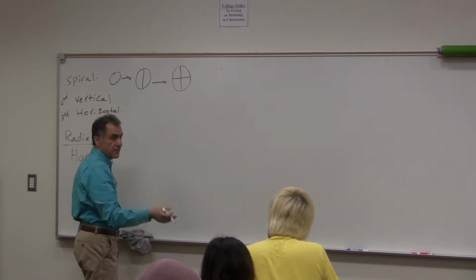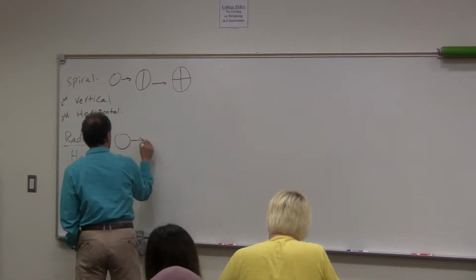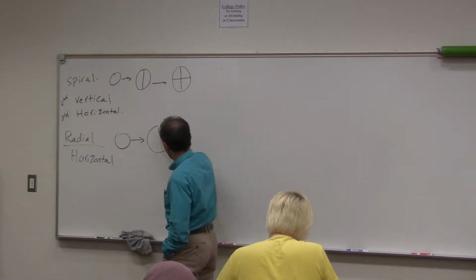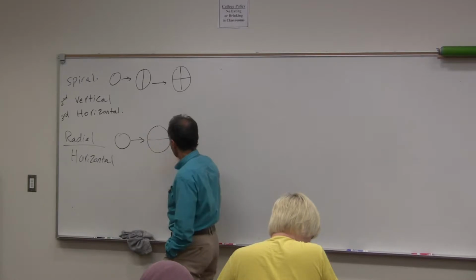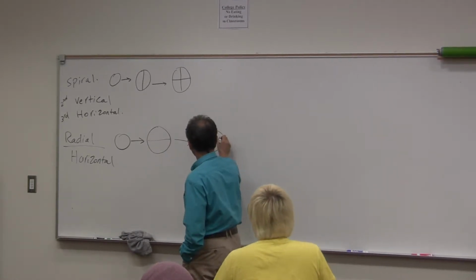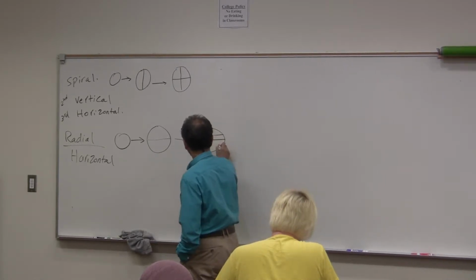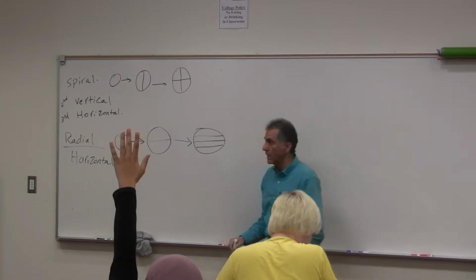In radial, the first one is horizontal, and the second one is also horizontal, so now you have 4 cells.